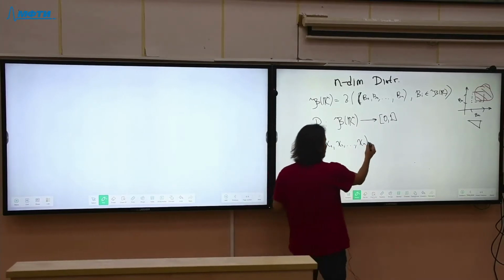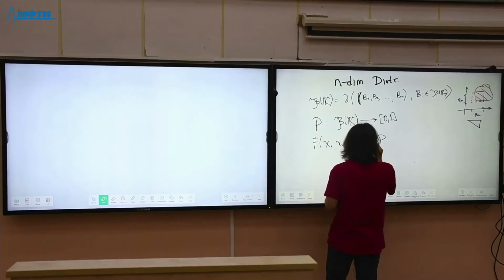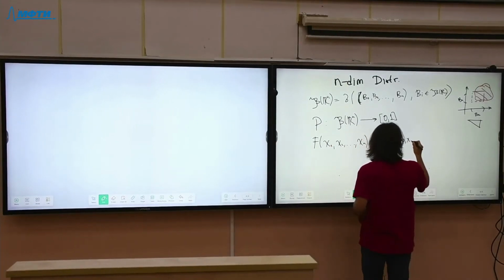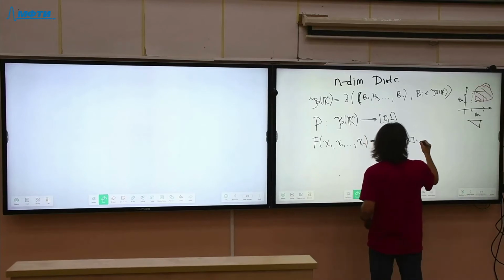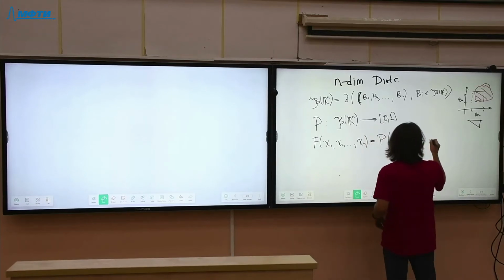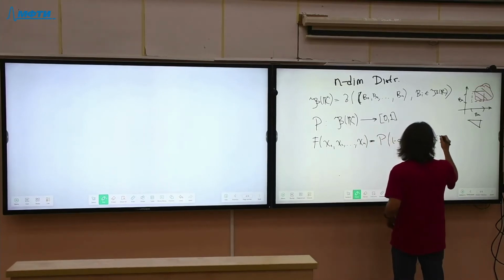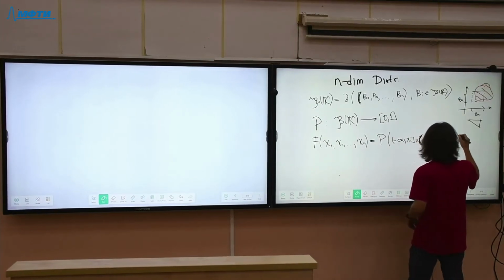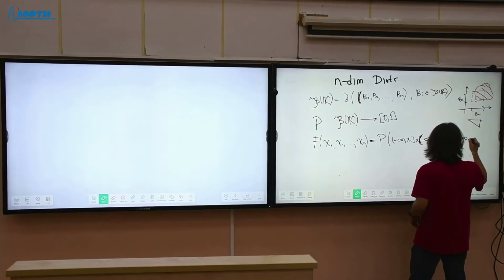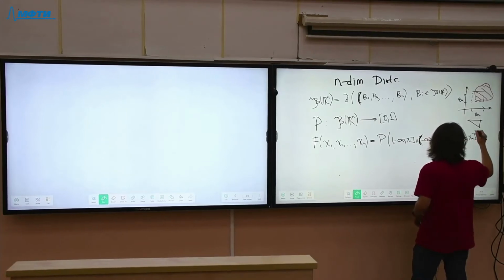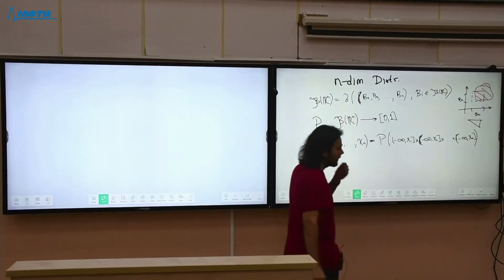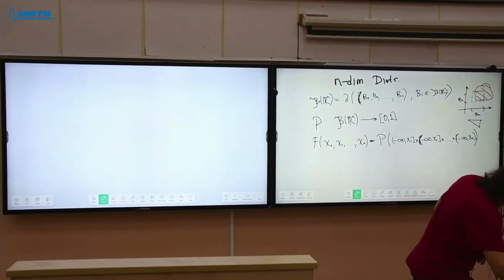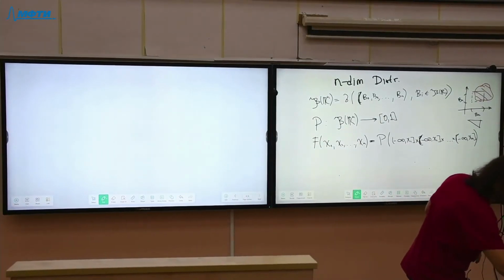So this is just the probability of minus infinity to x1, and minus infinity to x2, up to minus infinity to xn. So this is the definition of the CDF in this case.